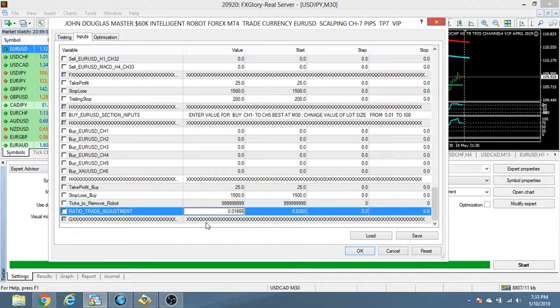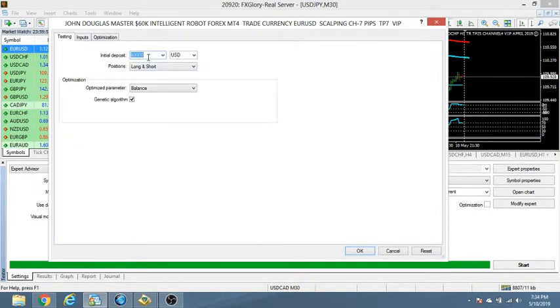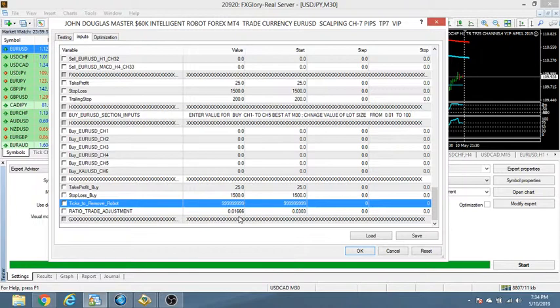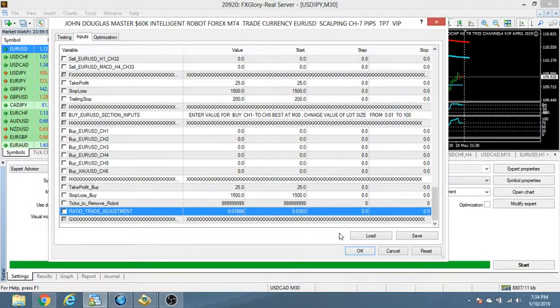If 1.0 is 1,000, then take 1,000, divide into this number here, the initial deposit here, 60K here, and then take that fraction and enter the fraction here. That's the right way. So you want to start with 1,000.